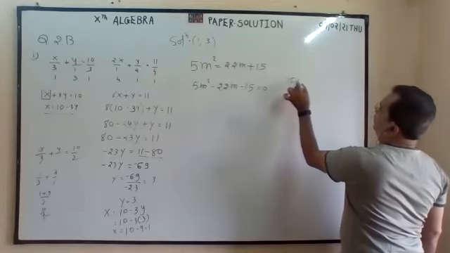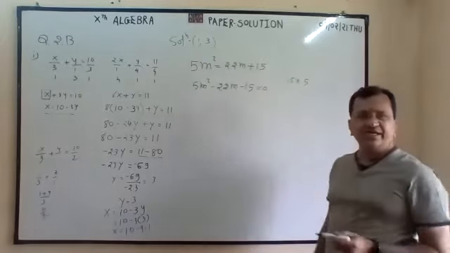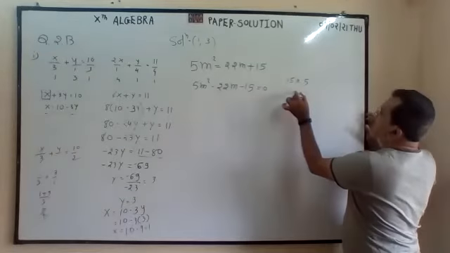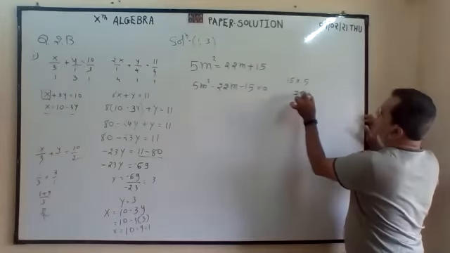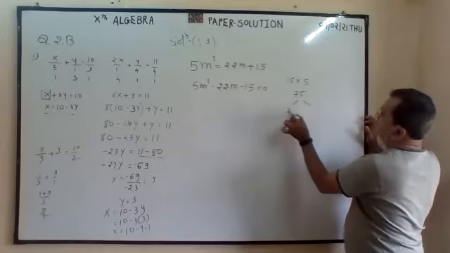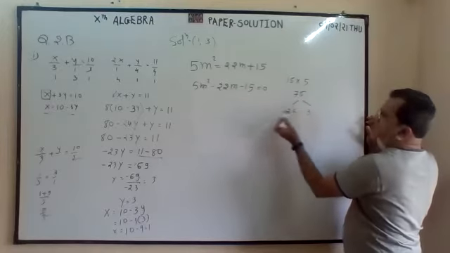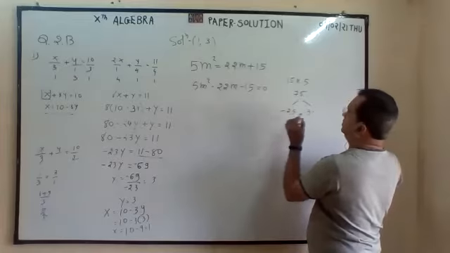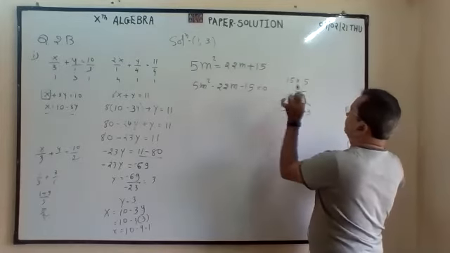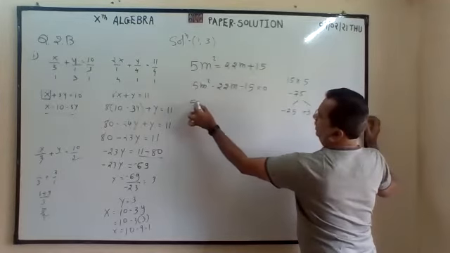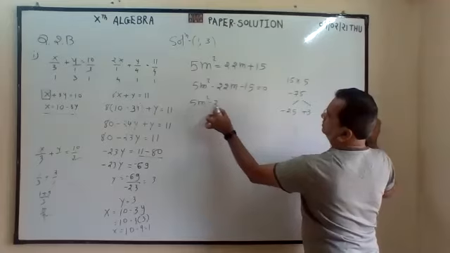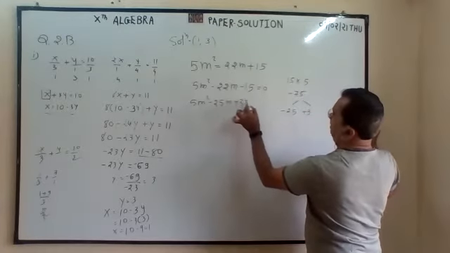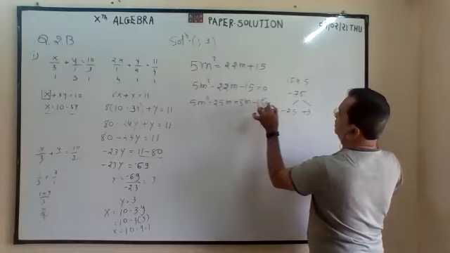So 15 into 5, from that we need 22. So 15 fives are 75, means 25 threes are 75, 25 minus 3 is 22, but bigger figure we want this. So this is plus and this is minus. So 5m square minus 25m plus 3m minus 15 is equal to 0.